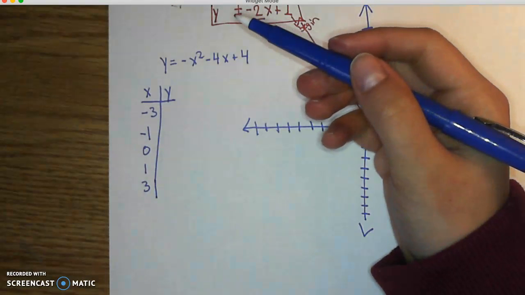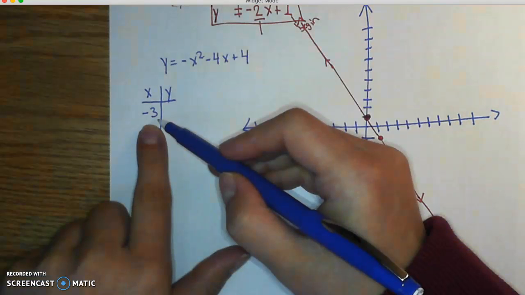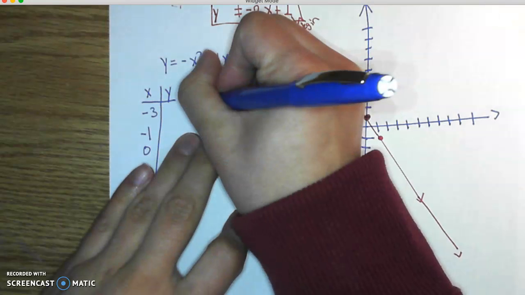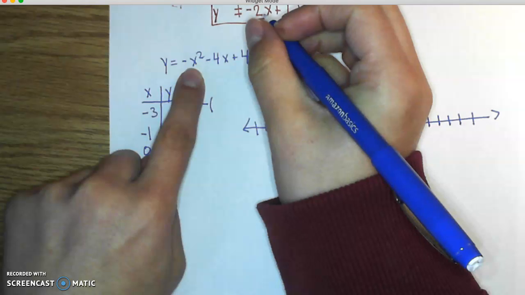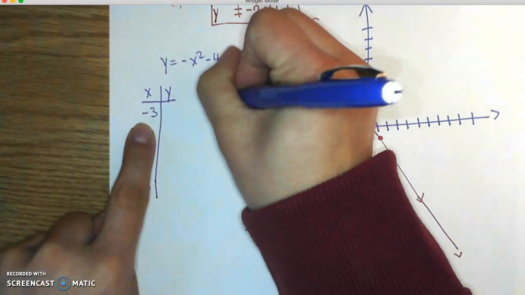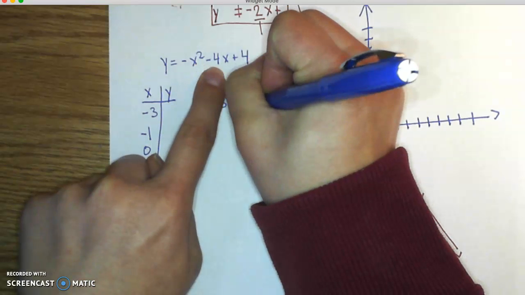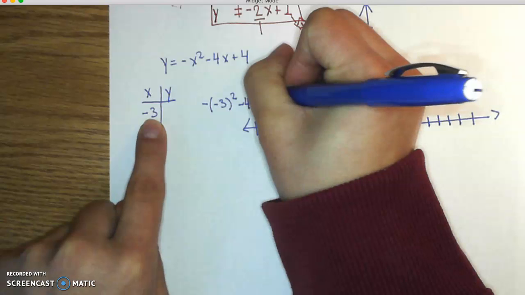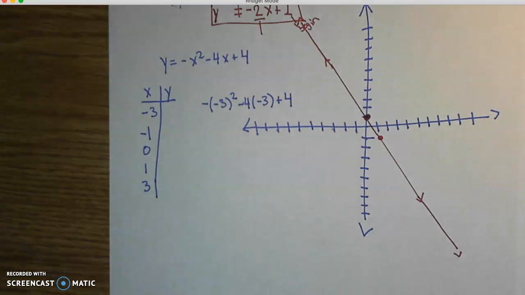These are probably good numbers to try. Your choice. And now I'm going to substitute. What does x equal? -3. So I'm going to substitute it in. So I'm going to have negative, because it's negative, x, but what's x? -3 squared minus 4 times x, but what's x? -3 plus 4. This looks scary.